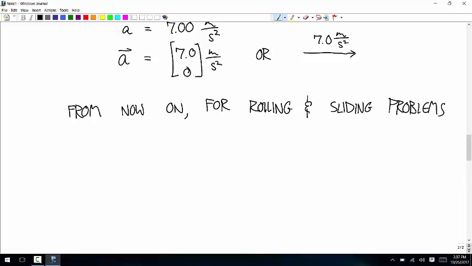We're going to rotate them. And the way we're going to choose the coordinate system is the y-axis will point directly out of the surface.